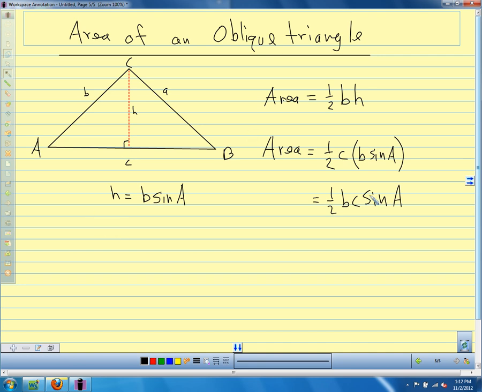So we can use the same argument and say that the area equals 1/2 AB sine C, 1/2 BC sine A, and that is also 1/2, which combination are we missing? AC sine B.